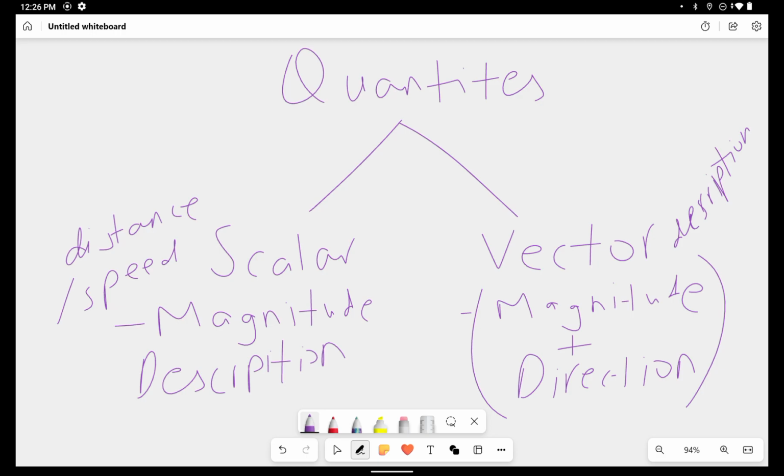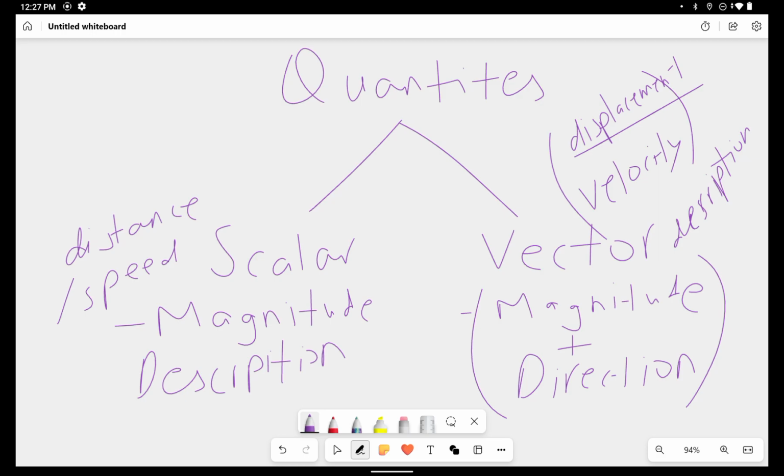While coming to the vector quantities, we take as an example displacement or velocity. Interestingly, the units of distance and displacement are the same, and the units of speed and velocity are the same. But the thing that makes them different is that one has magnitude only and the other has direction with the magnitude. So we cannot now say 5 meters displacement.